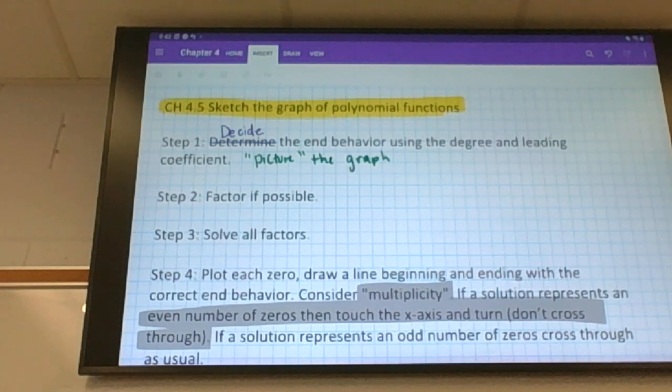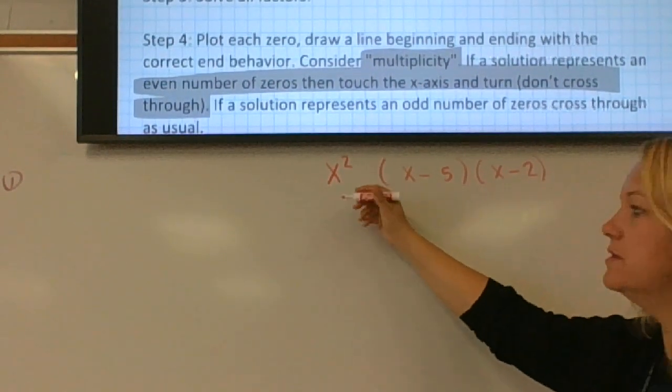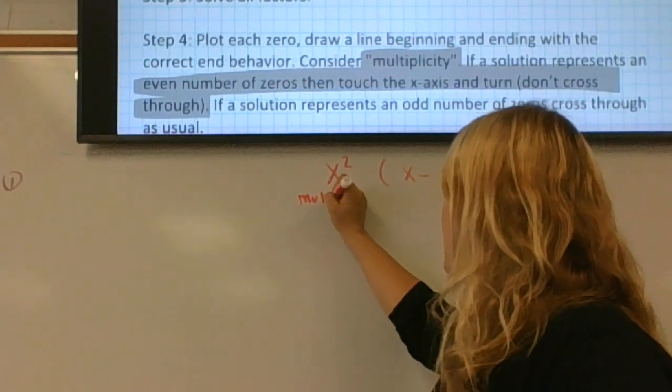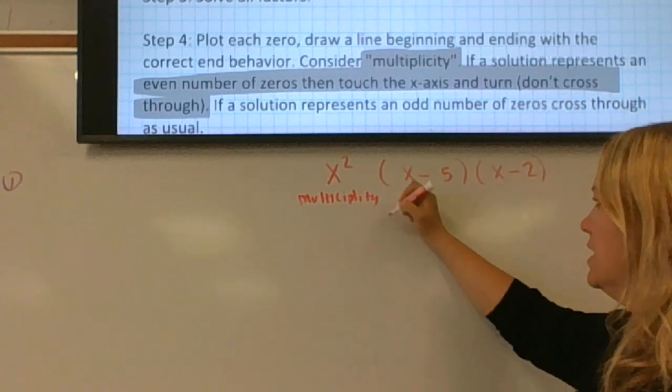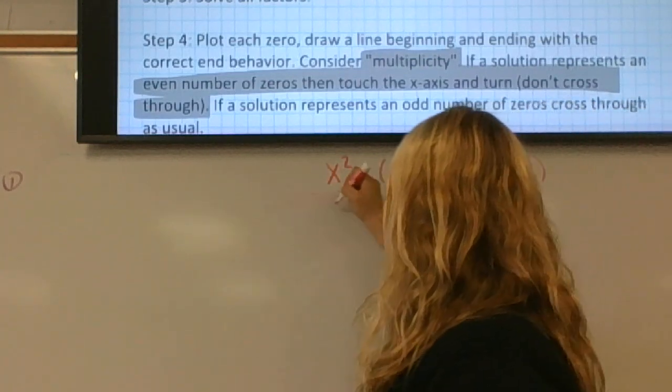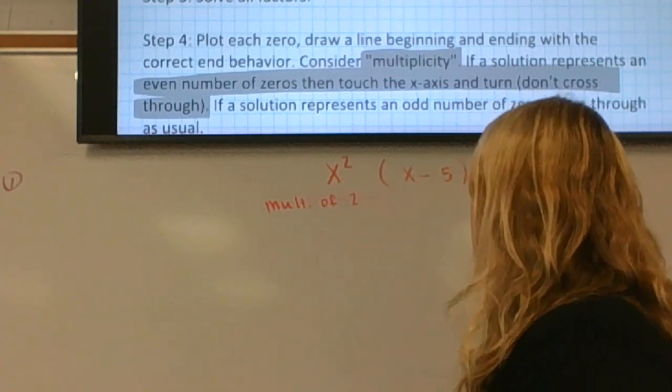For example, if I was to factor and get a factor, and this is what I got for my factors, because x squared counts for 2 zeros, I say this has a multiplicity of 2.